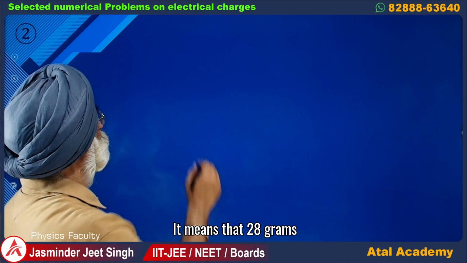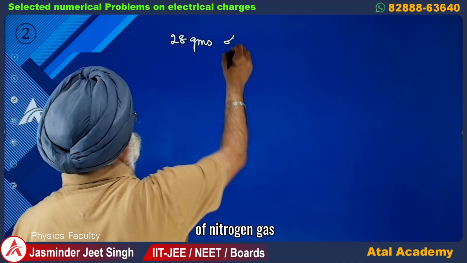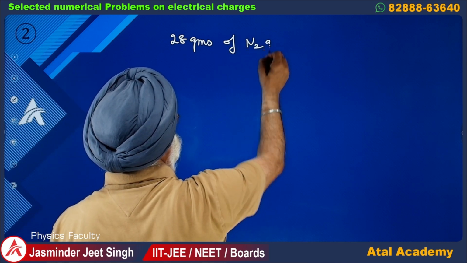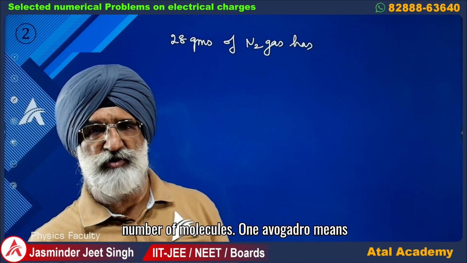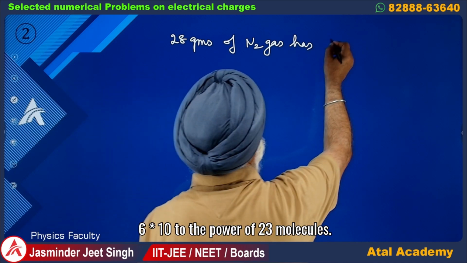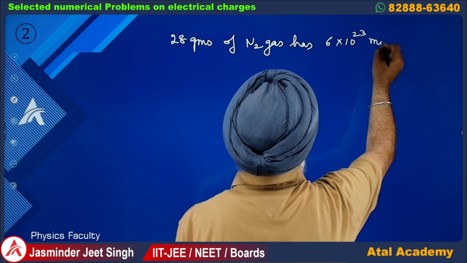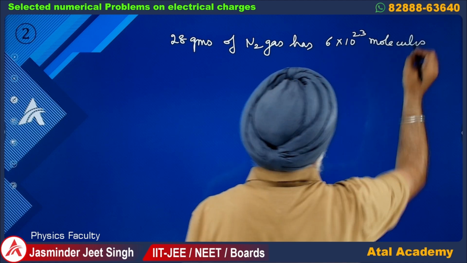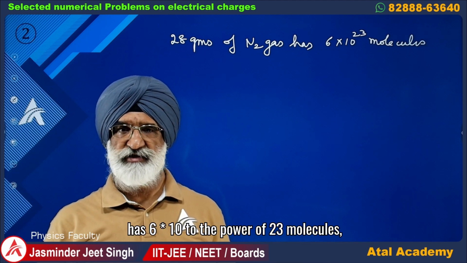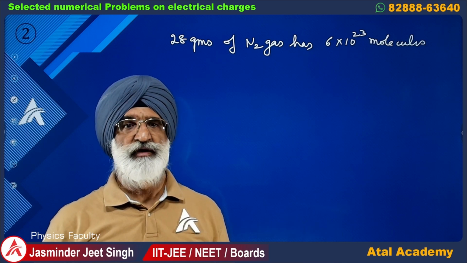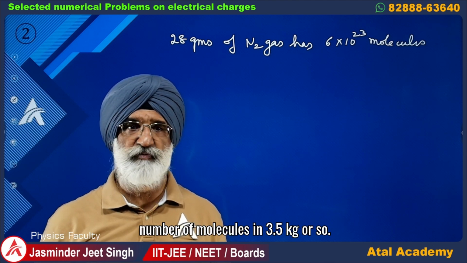It means that 28 grams of nitrogen gas has 1 Avogadro number of molecules. 1 Avogadro means 6 into 10 to the power of 23 molecules. If 28 grams of nitrogen gas has 6 into 10 to the power of 23 molecules, we can use the unitary method to find out the number of molecules in 3.5 kg also.